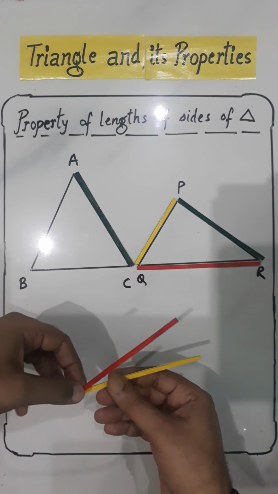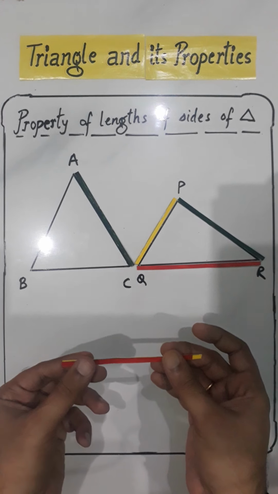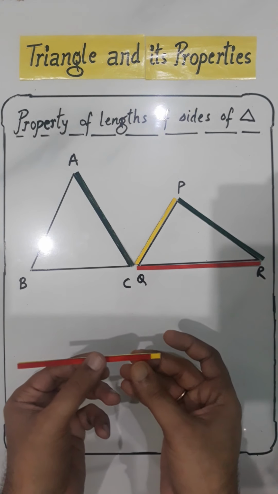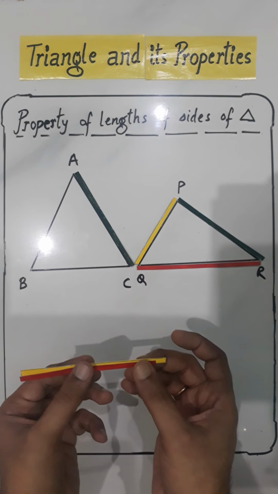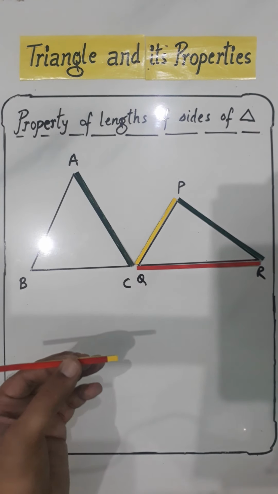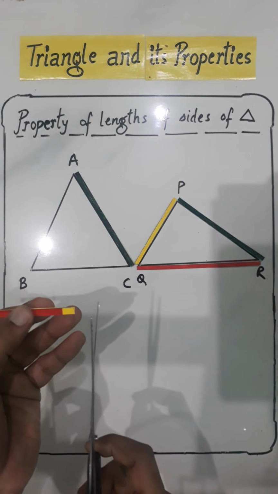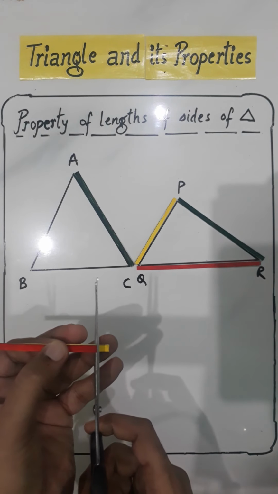In that case, you will place one over the other. Now when you have placed one over the other, the difference left is this much. This yellow portion is the leftover part.